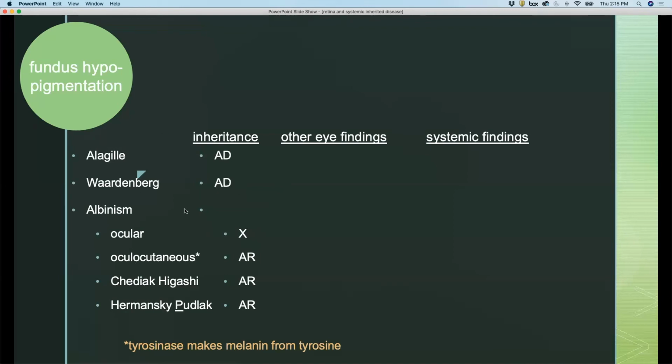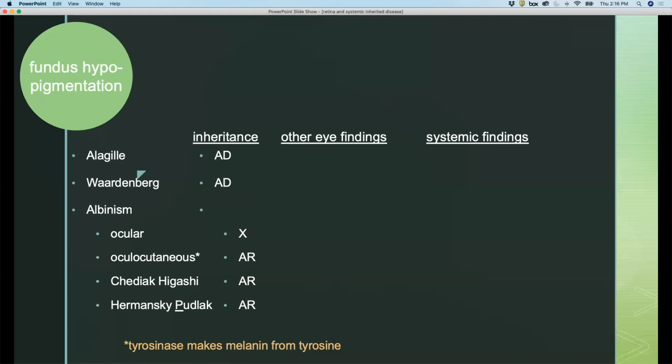So tell me about Alagille, because I feel like this is a common source of inpatient consults. Is that the one with posterior embryotoxin? Yes, very good. What kind of patients do they consult you to look for posterior embryotoxin on?